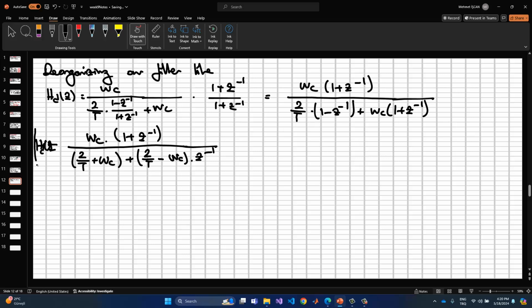Okay, this is our basic representation of the digital low pass filter in terms of the z domain. Okay, and so how can we analyze these signals?